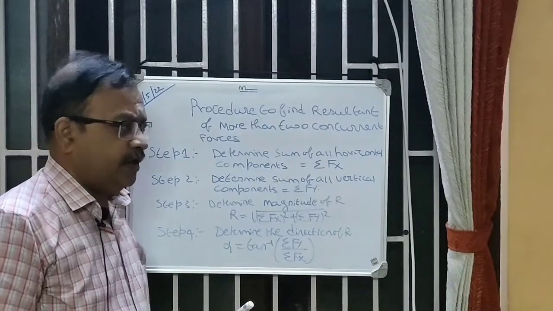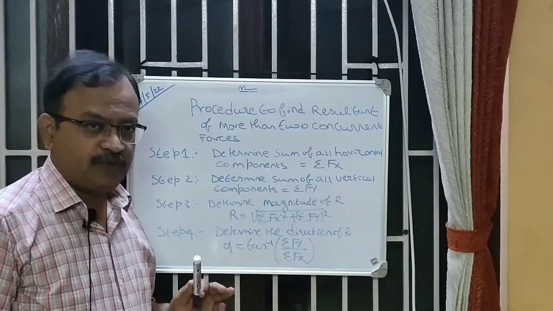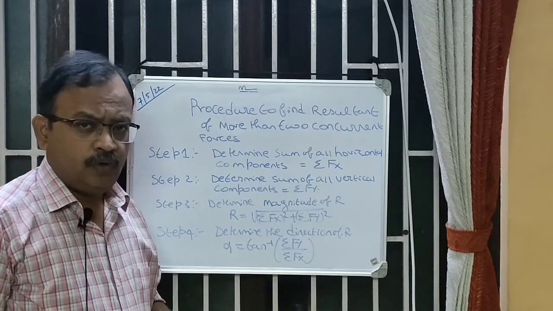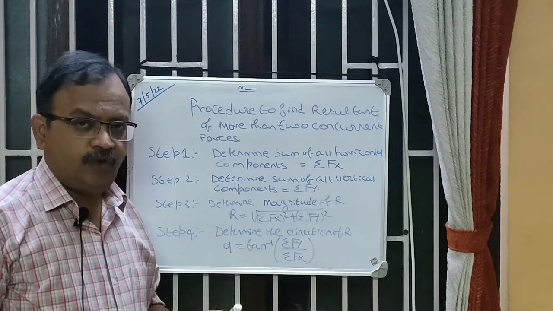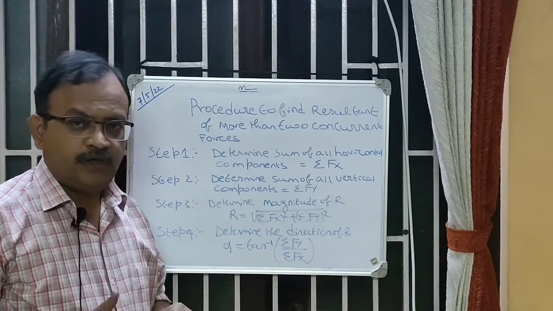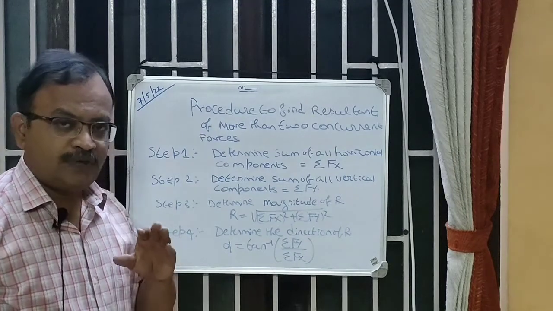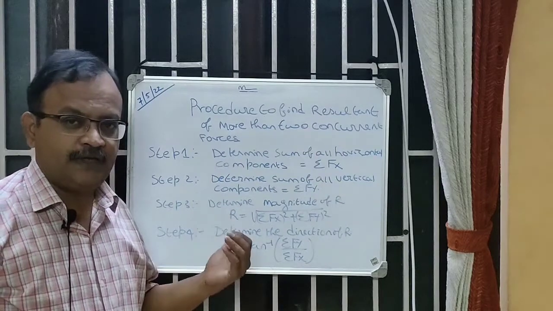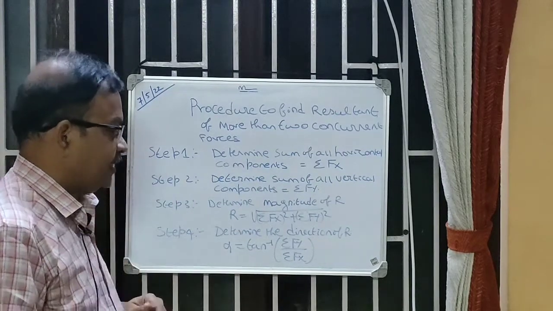How to find the resultant of more than two concurrent forces? Already we have seen how to resolve a force into two components along its x and y axis. Now using that principle, we will find the resultant of more than two concurrent forces. What should be the first step?